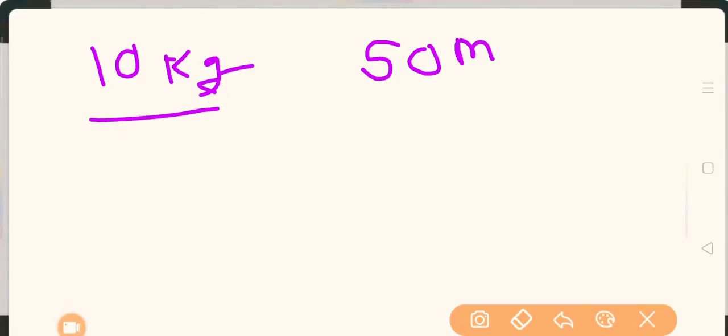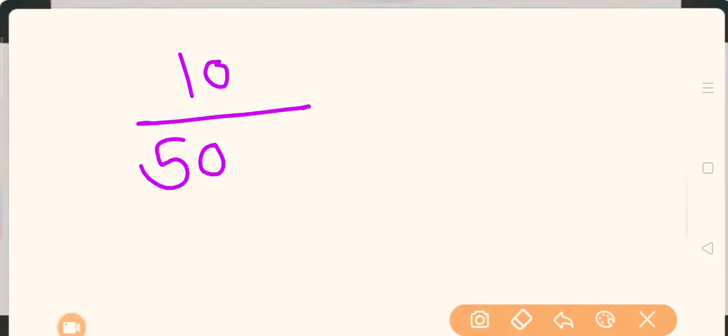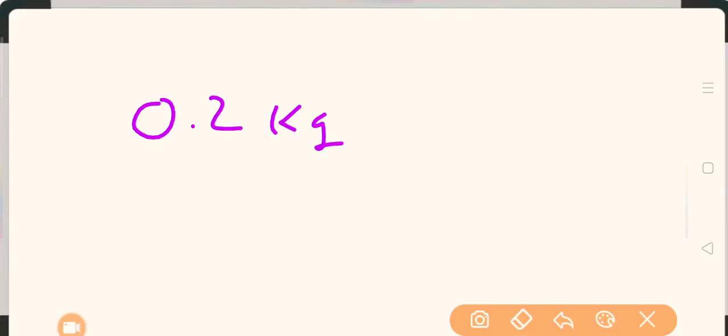So the mass of a single mango will be total mass divided by number of mangoes, which is 50. So 10 divided by 50 is equal to 0.2 kg, that means 200 grams per mango. Same thing can be done here.